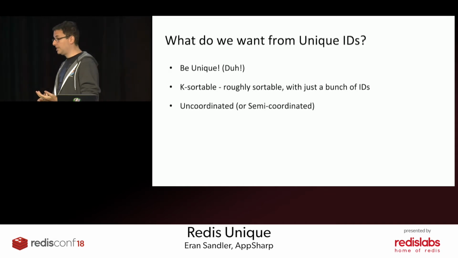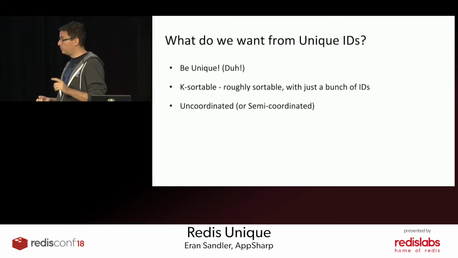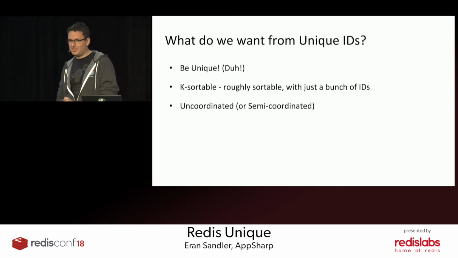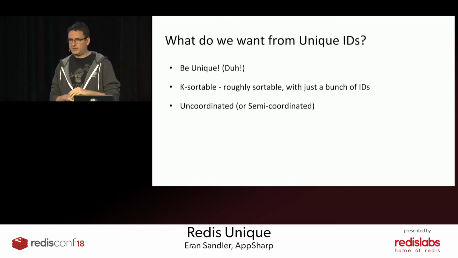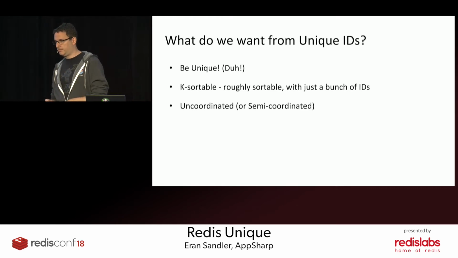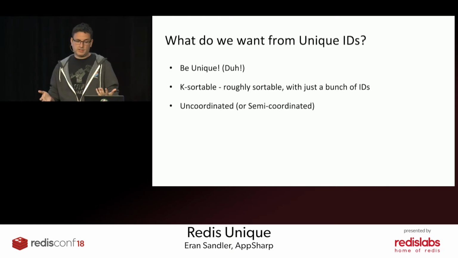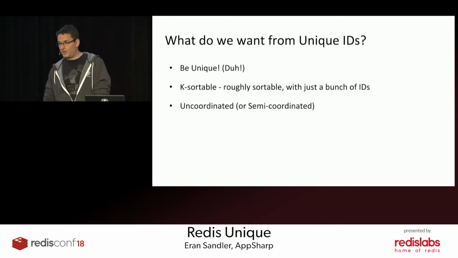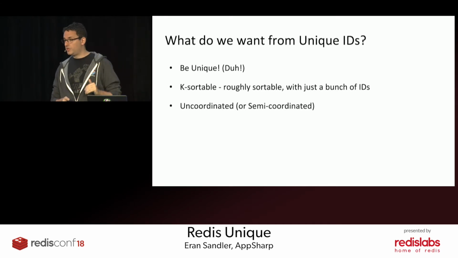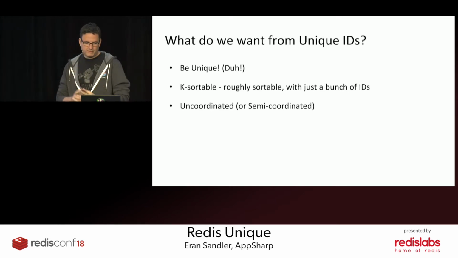So what do we want from unique IDs? We want them to be unique. Of course, we want them to be sortable, so even if we get a chunk of information that has records from different places, it can be IDs of event logs, it can be IDs of any other information, you want to make sure that you can sort and figure out which one was created first or later. Either by sorting it by ID, say, like Twitter does with unique IDs, and they can sort your tweets just from that and not by figuring out the date from the information.